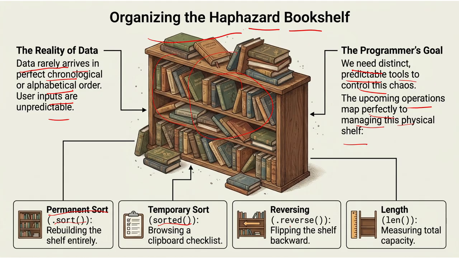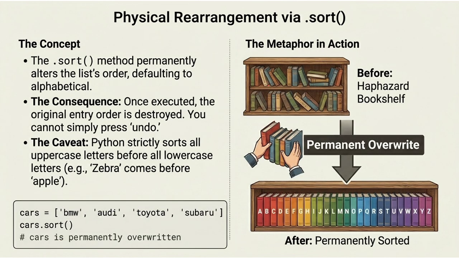Dot reverse is flipping the shelf backward. You will simply rearrange the items from right to left, and length is for measuring the total number of items within a list. So now let's see each of these.